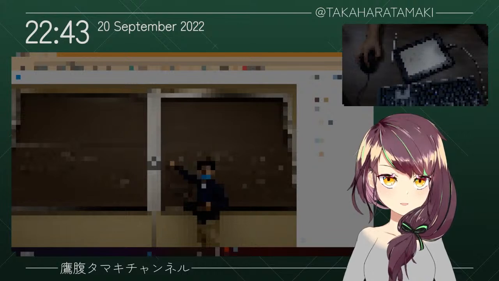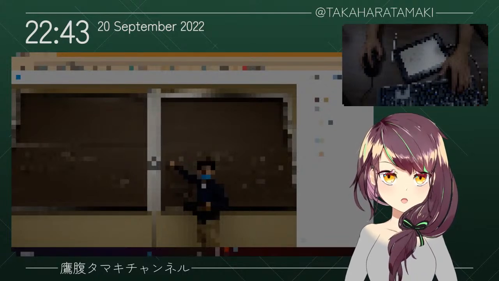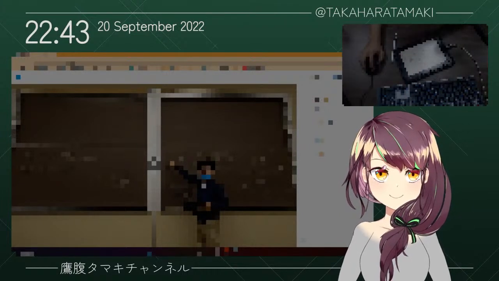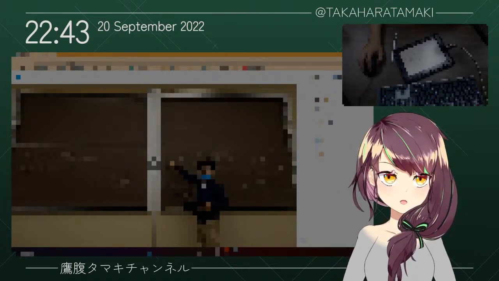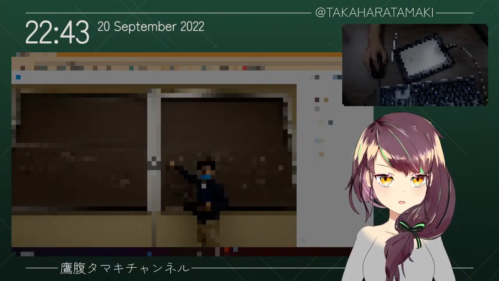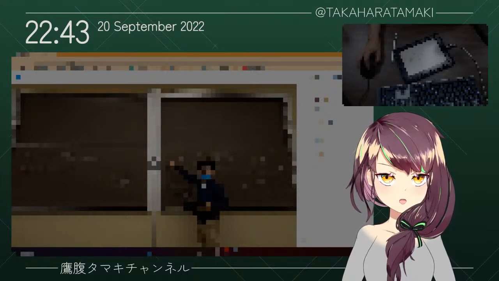Let's choose the university. Either 2 hours by bicycle or an hour and a half by train. Yeah, I don't know if I want to.